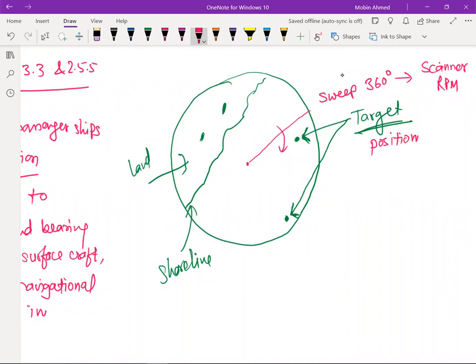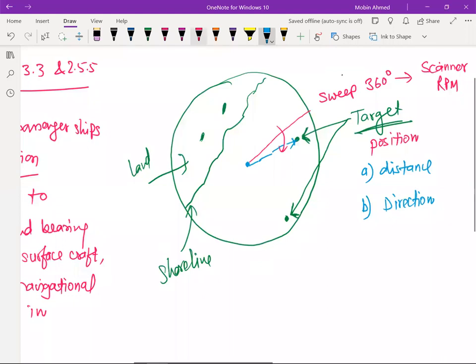Now, target position, once we say, that means it is saying the distance between our ship, the center is our ship, this is the own ship position. And from here, how much distance it is going to have. So first thing, it is going to give a distance. Okay. And second, it is going to give the direction. Which direction the target is. This target, which direction is there. So direction and distance both are there.